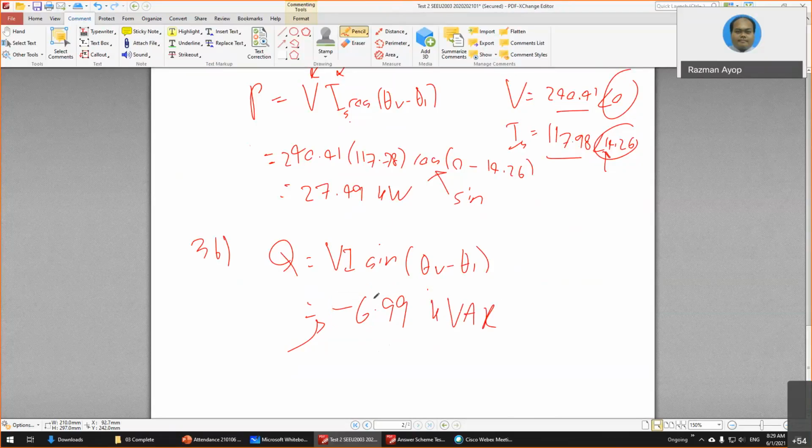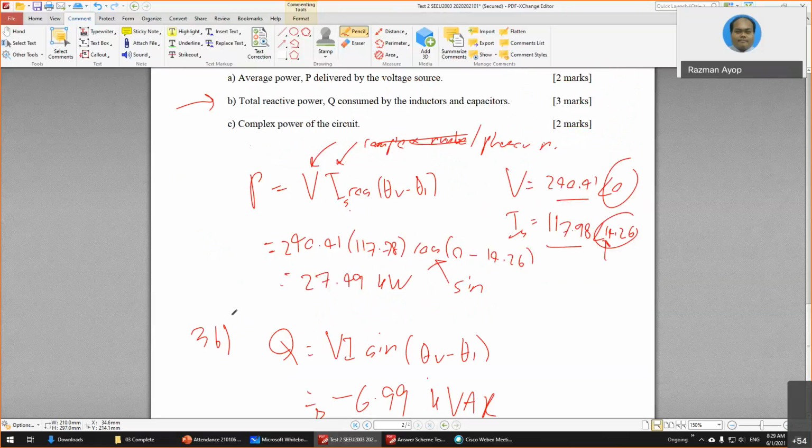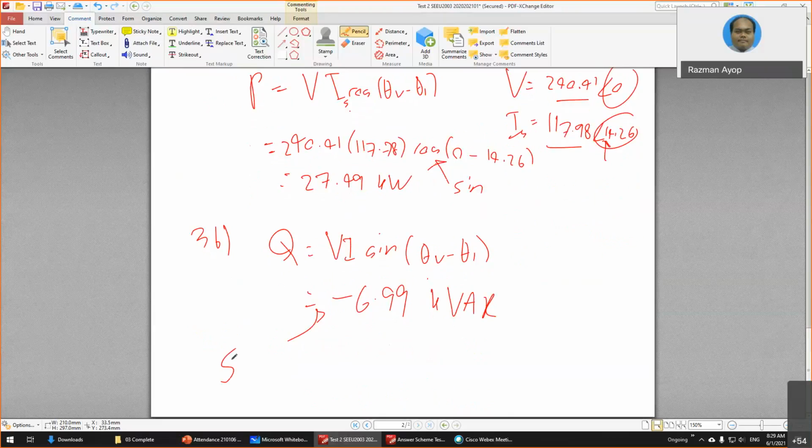So make sure you include the negative. And lastly, 3C, find the complex power of the circuit. So S, the thick S, equals P plus J Q. Just use this one. You don't need to calculate again. S equals to V I conjugate.